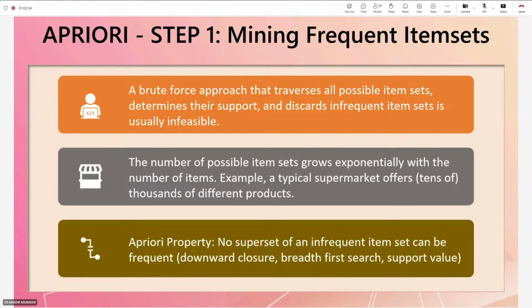And the number of possible item sets grows exponentially with the number of items. In the case of very big transactions, a typical supermarket offers tens of thousands of different products. So there is a possibility of exponential growth in the number of item sets, because people are always buying. Maybe the first customer bought 3 things at the same time.